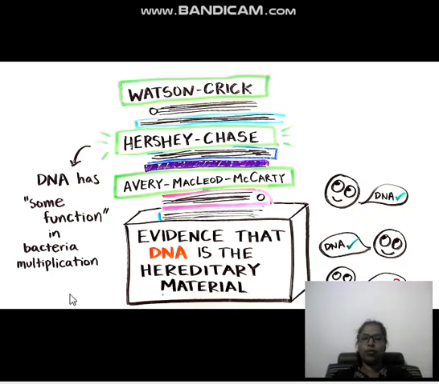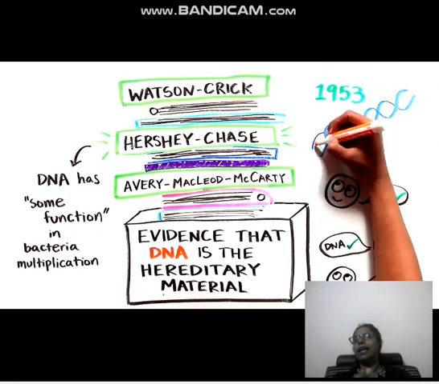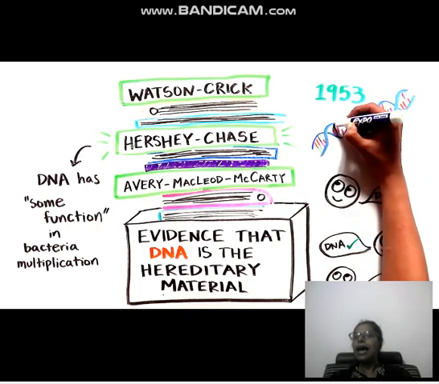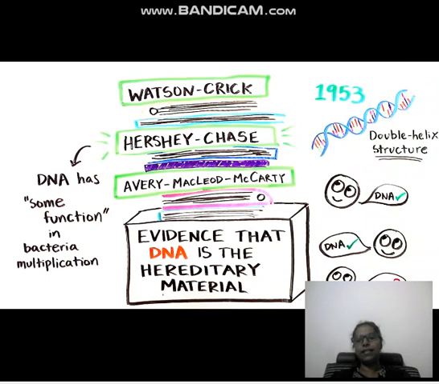There you will see how Watson and Crick gave the double helix model in 1953, and you will get a clear-cut idea of it. Okay, now this is all about Hershey-Chase.